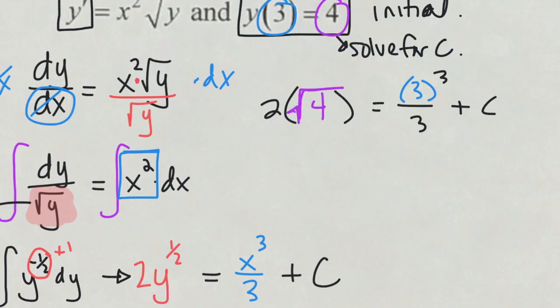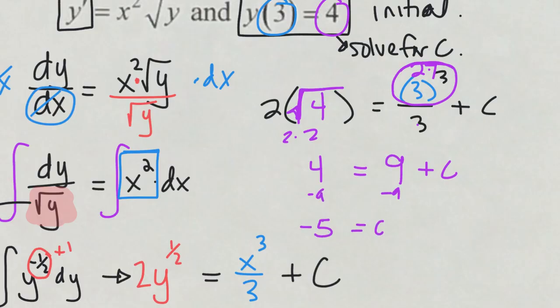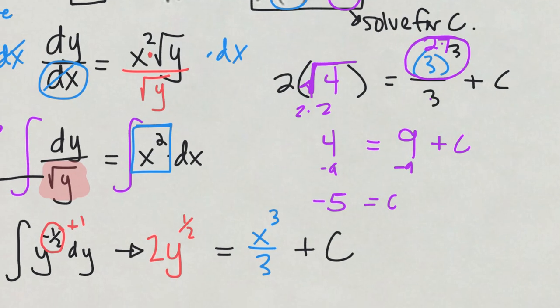The square root of 4 is 2. 2 times 2 is 4. 3 cubed, 3 times 3 times 3, is 27. 27 divided by 3 is 9. So when we subtract 9 from both sides, c is negative 5.